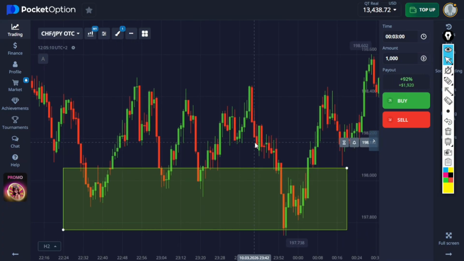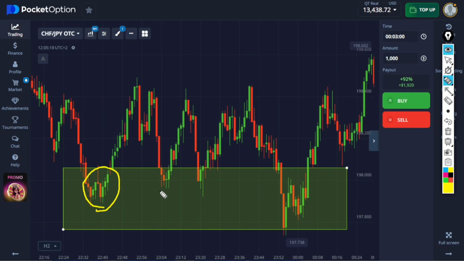There we are. So this is the support zone we marked up on the 5-minute time frame. And here we have the first bounce, second, third, and fourth. Just to point it out to you guys. And in a support zone, we're looking to enter buy positions off two types of candles. One or the other.